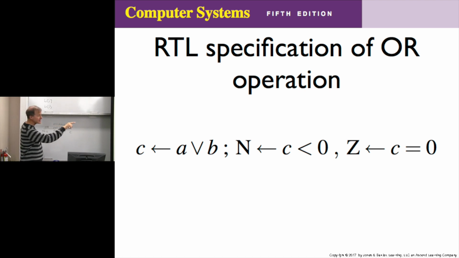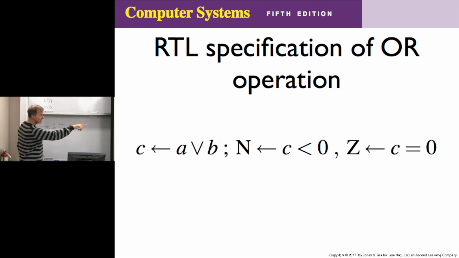Oh, and by the way, semicolon, what does that mean? After the OR operation happens, then what happens? N gets what? C is less than 0. Well, is this C less than 0? No, because it's positive, because of the sign bit. So that's how the N gets 0. Is everybody clear on this?